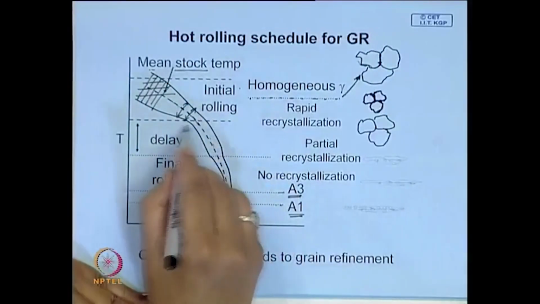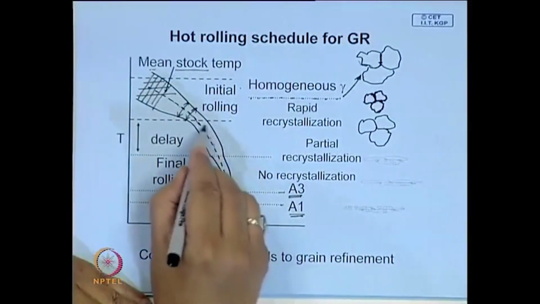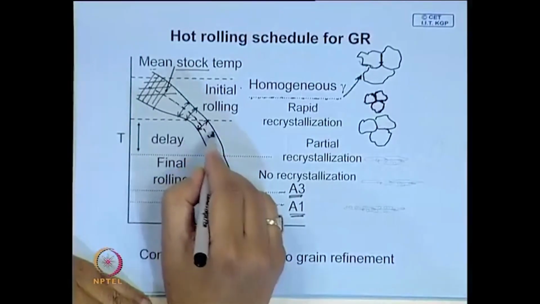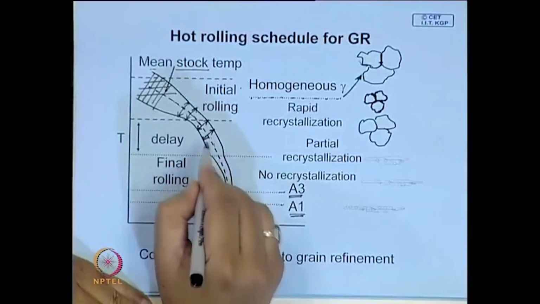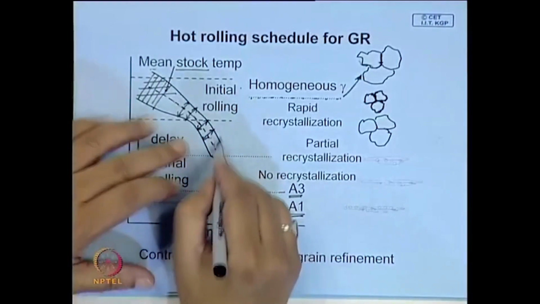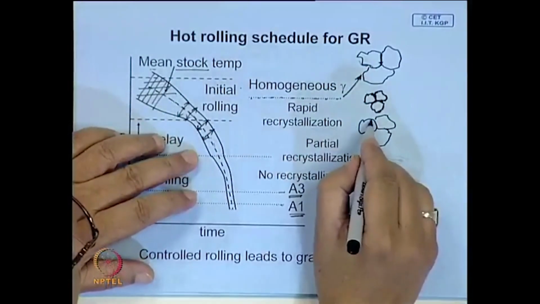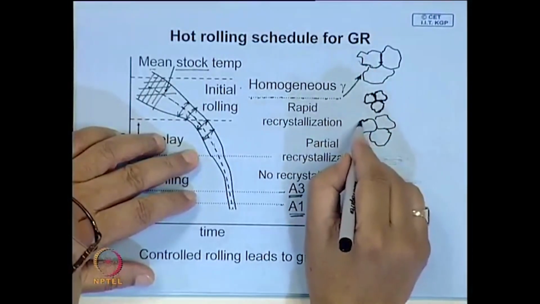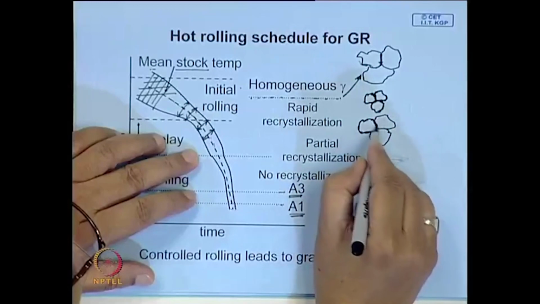And after that there is a delay, you do not give any work. So, here this much reduction has been given initially, and after that since you are not giving any reduction, these strain free grains can grow also.